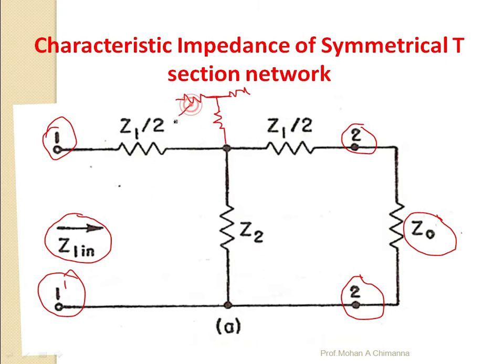So here you have connected as per our rule Z1 by 2, here Z1 by 2, and here Z2. If it is connected in parallel, then Z1 and 2Z2. In this way the characteristic impedance of the symmetrical T network will be defined.